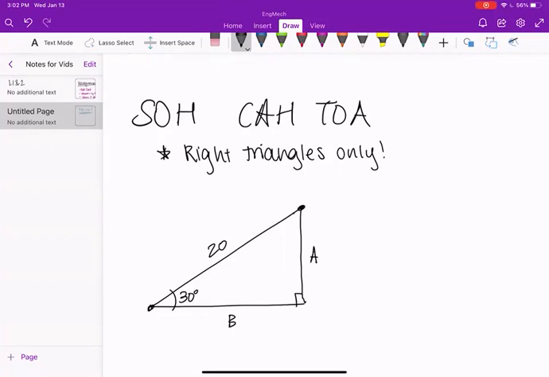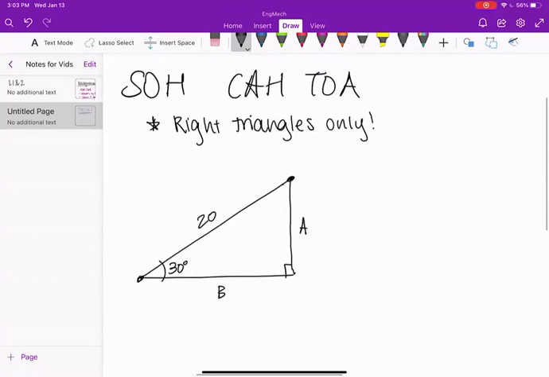By breaking it up into sides A and B, you're finding exactly what portion of that entire magnitude goes in the X direction and what portion goes in the Y direction, right?